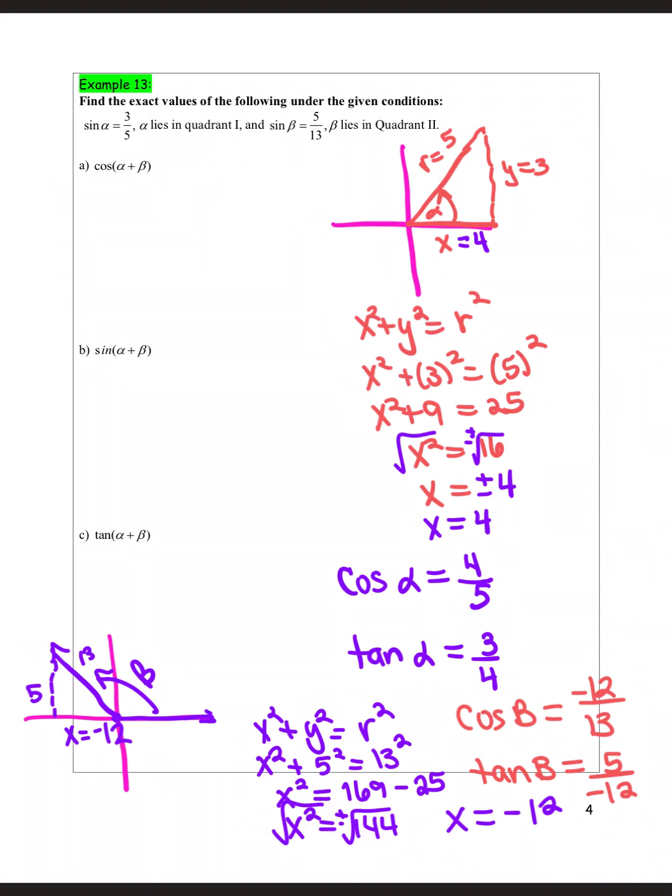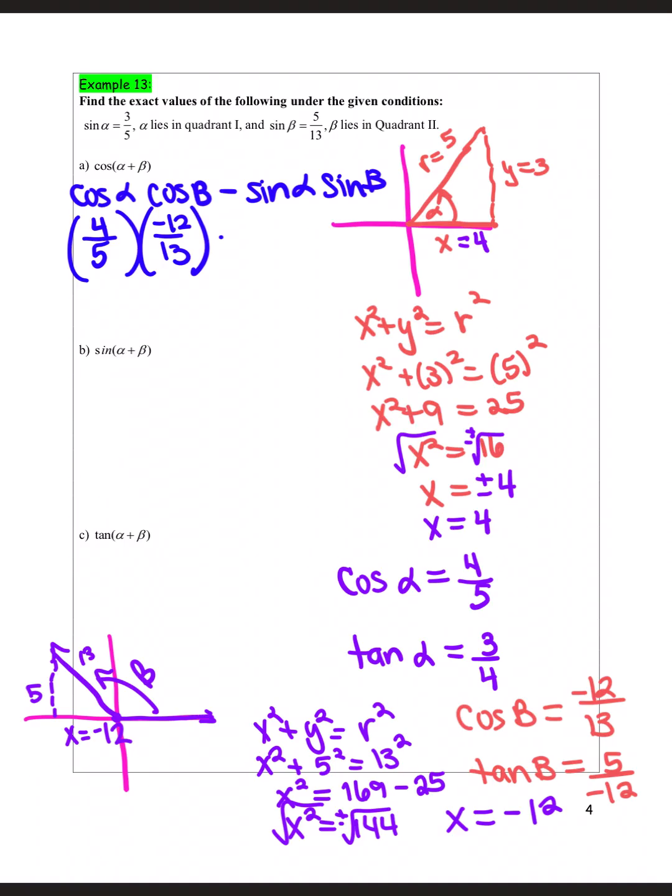The first one is cosine of alpha plus beta. So that's cosine of alpha, cosine of beta minus sine of alpha, sine of beta. So that will give me cosine of alpha was 4/5. Cosine of beta is negative 12 over 13. Minus sine of alpha was given, which was 3/5.